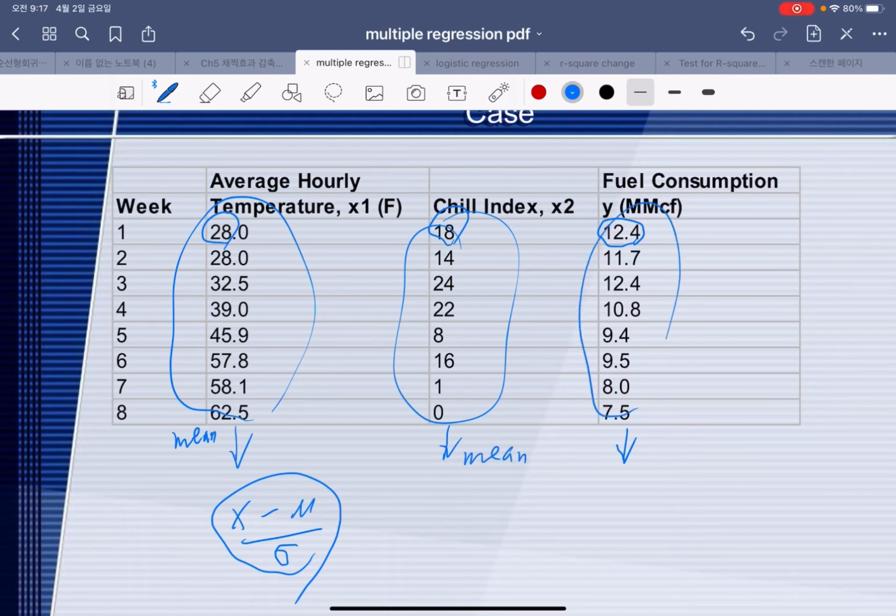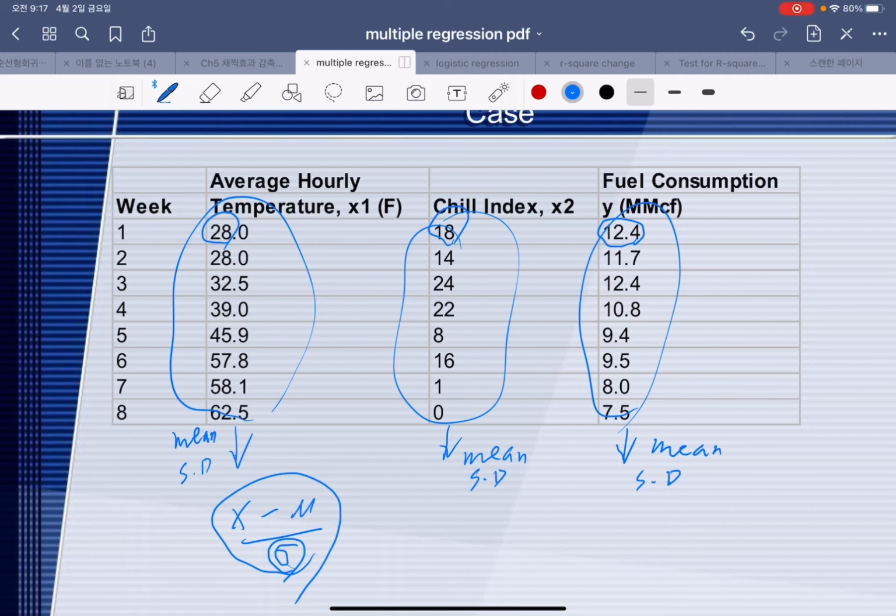And this is the standard deviation, so you also need to compute the standard deviation, SD.